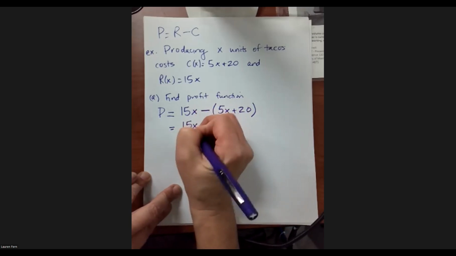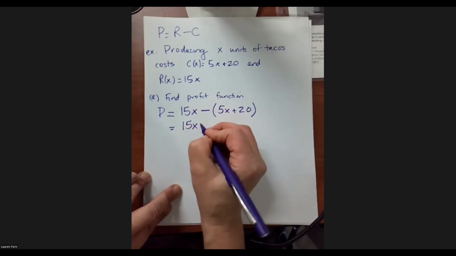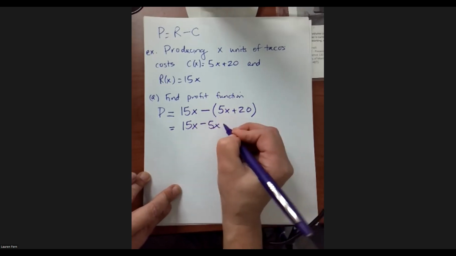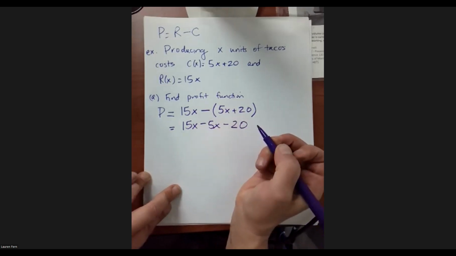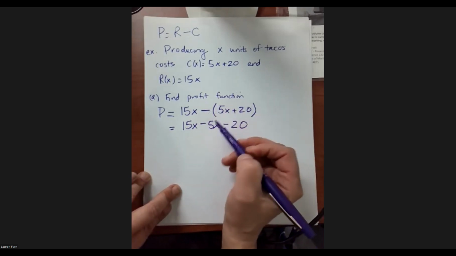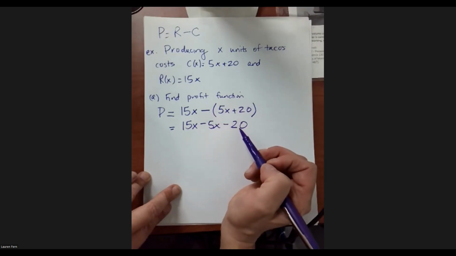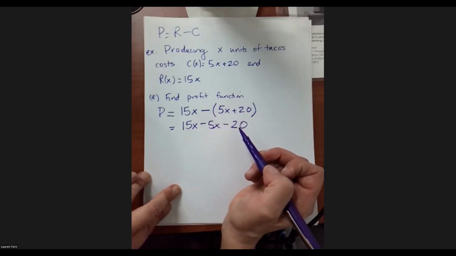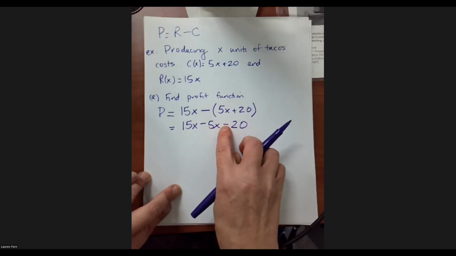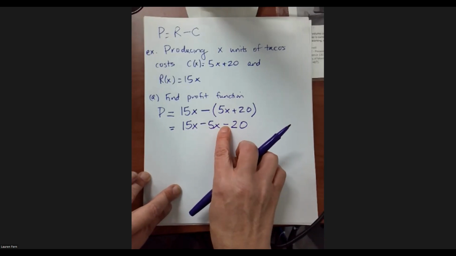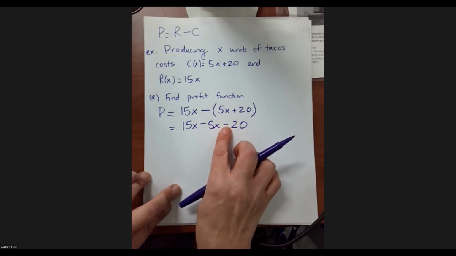If I do that, I have 15X, well, then minus 5X, and then minus 20, right? Because -1 times 5 is -5, -1 times 20 is -20. It's crucial that you remember your parentheses because otherwise you're going to be keeping a plus sign next to the 20, and that's just going to lead to some really funky things.